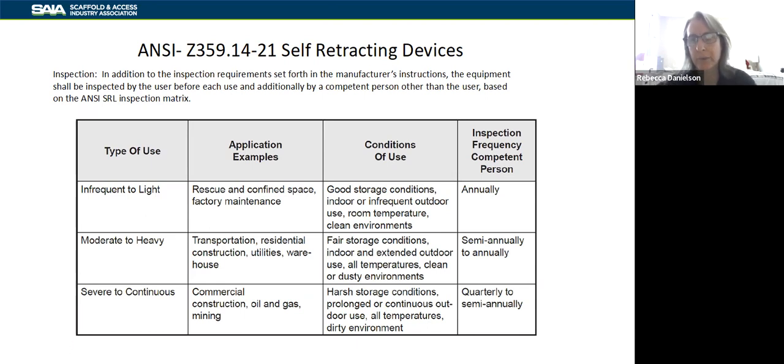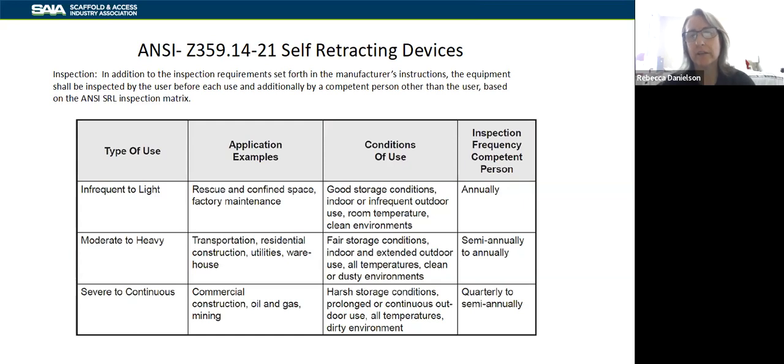It's still one of the biggest issues that is out there in the field today. And I see it all the time. So across the board, we say that all fall protection equipment has to be inspected prior to use. That's the law, right? And then it's annually by a competent person other than the user, except for SRLs.